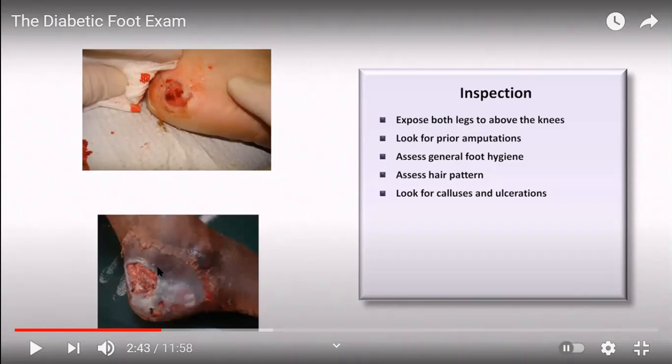The discharge is there, congestion, edematous, how bad it is. But before you control this ulcer, you have to control your blood sugar first.